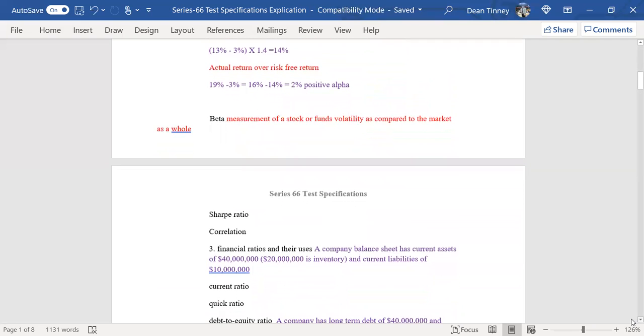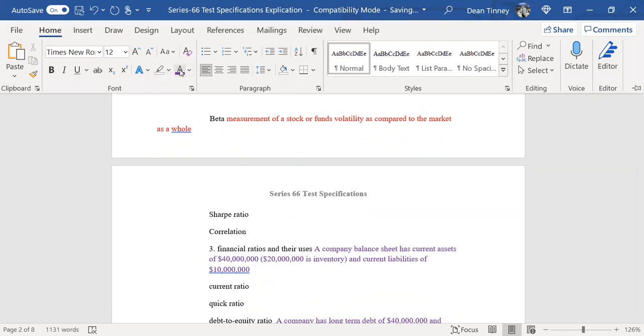Sharpe ratio. I'm not going to make you do anything with the Sharpe ratio, but again, it comes down to comparing asset managers perhaps. And I say, well, listen, I'm not really willing to admit that guy did a better job than me. What level of risk did he take to get you that level of return? So the Sharpe ratio is a financial metric.